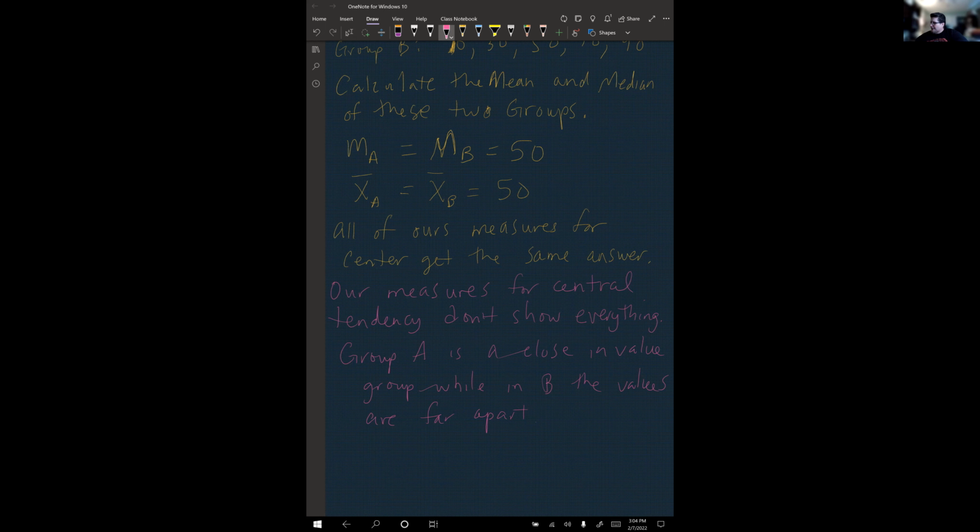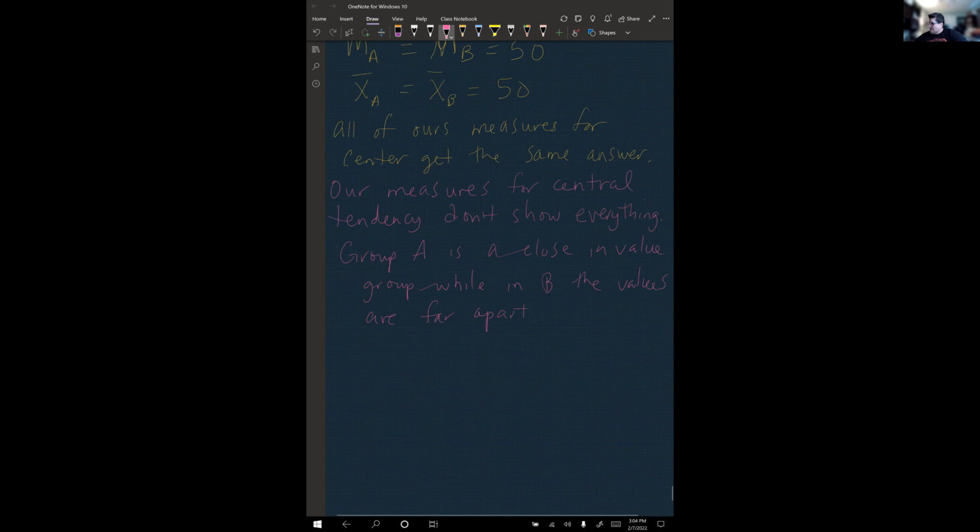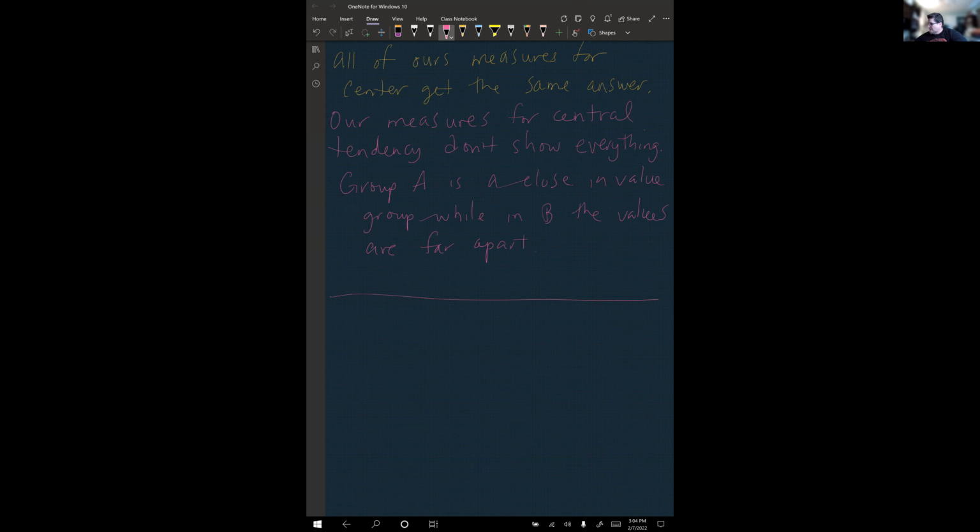And if I did this on a number line, and I put 50 in the middle, and let's see, let's do 30 and 10, 70 and 90. Group A is like right here.